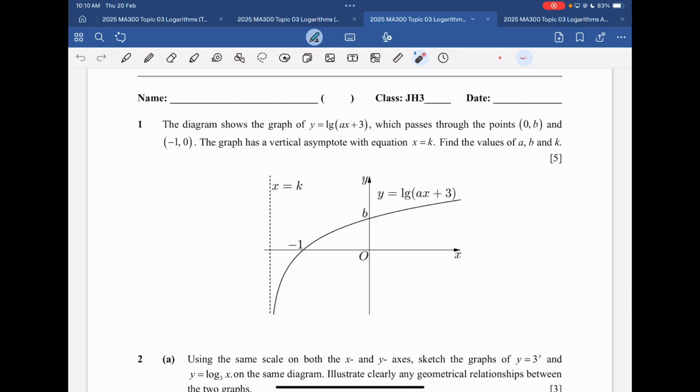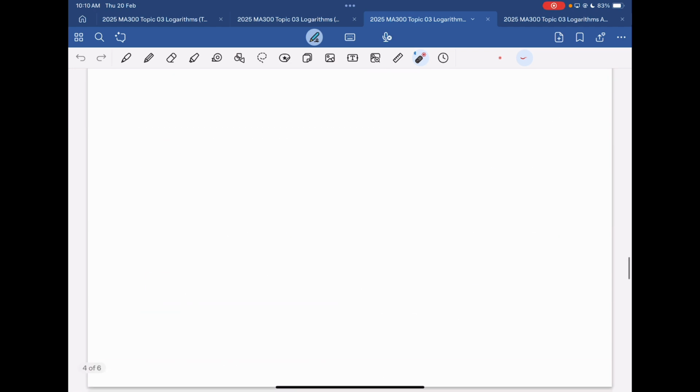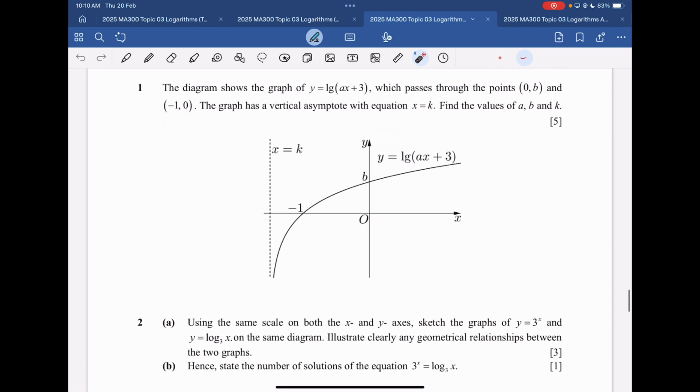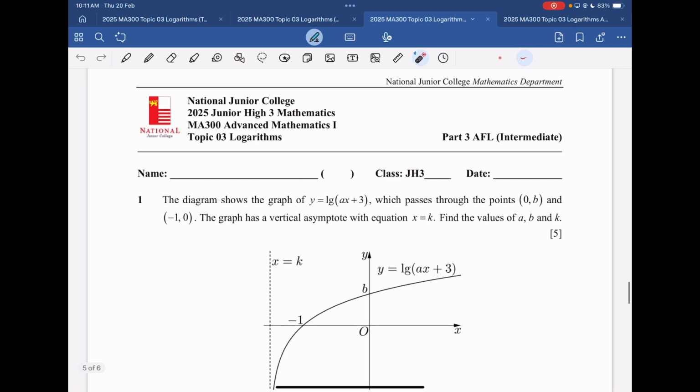Can you all find your paper? There is one extra here if you need. Anyone who cannot find it? What I can do is send you the soft copy. Anyone who doesn't have one and needs a soft copy? AFL3, this is topic 3 AFL3.